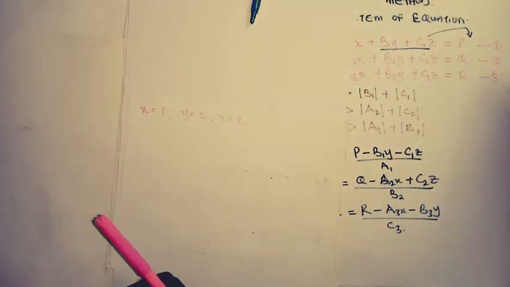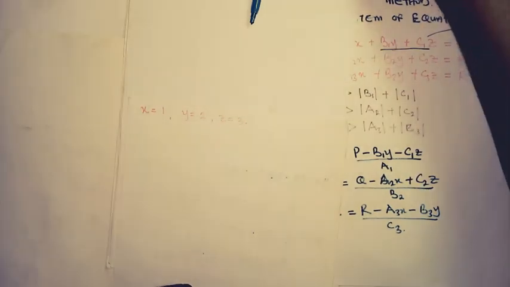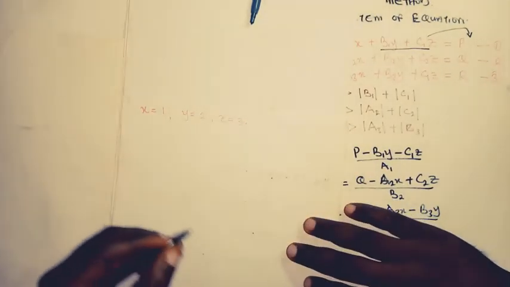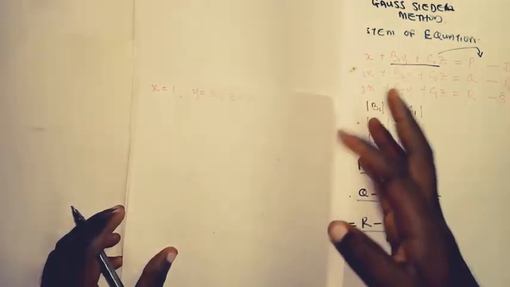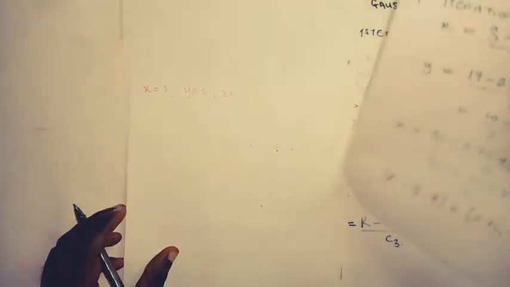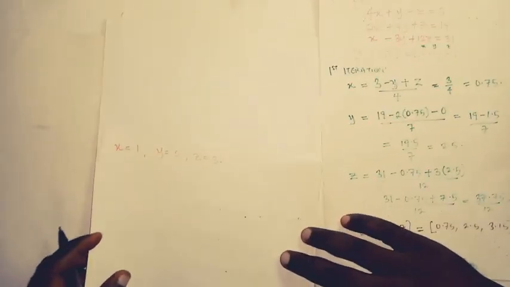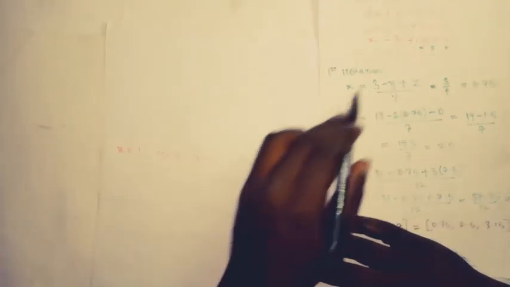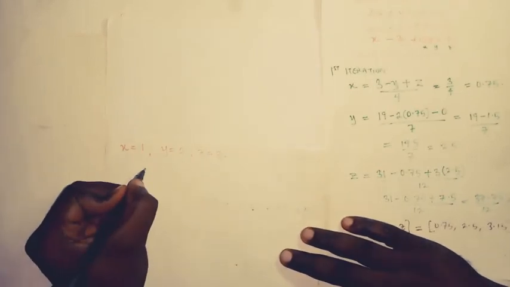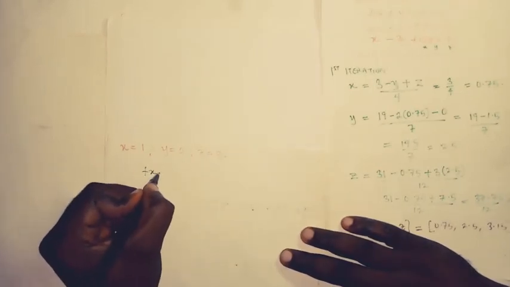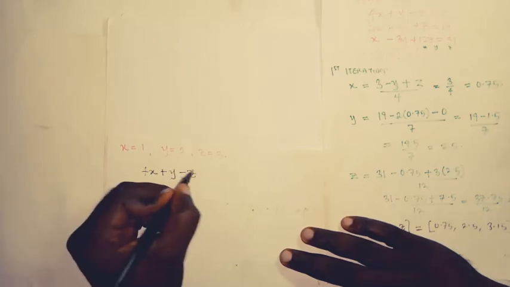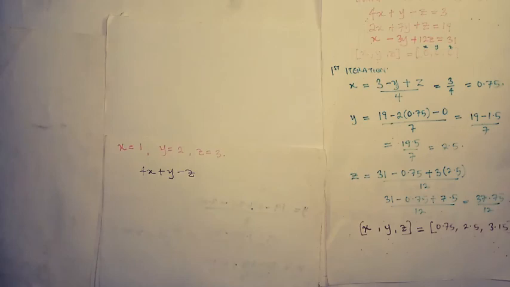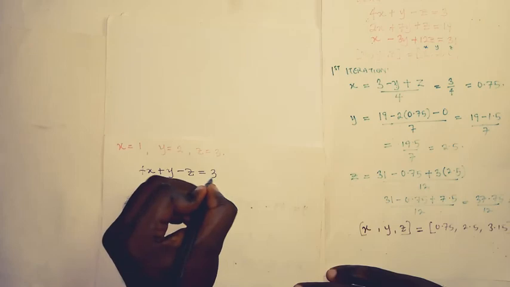Now we're going to quickly do a check on this solution in the original equation. So from the first equation, I'm going to check if these values are true and correct. So I have 4x plus y minus z equals 3.